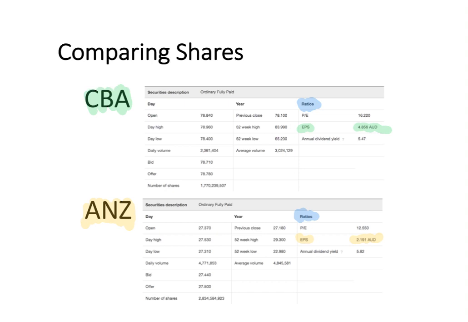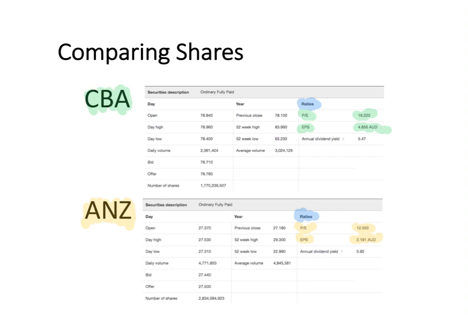Now, if we translate that to our price earning ratio, Commonwealth Bank has a price earning ratio of 16.22 compared to ANZ's 12.5. So the Commonwealth Bank is trading at a much higher multiple of their earnings per share compared to ANZ.